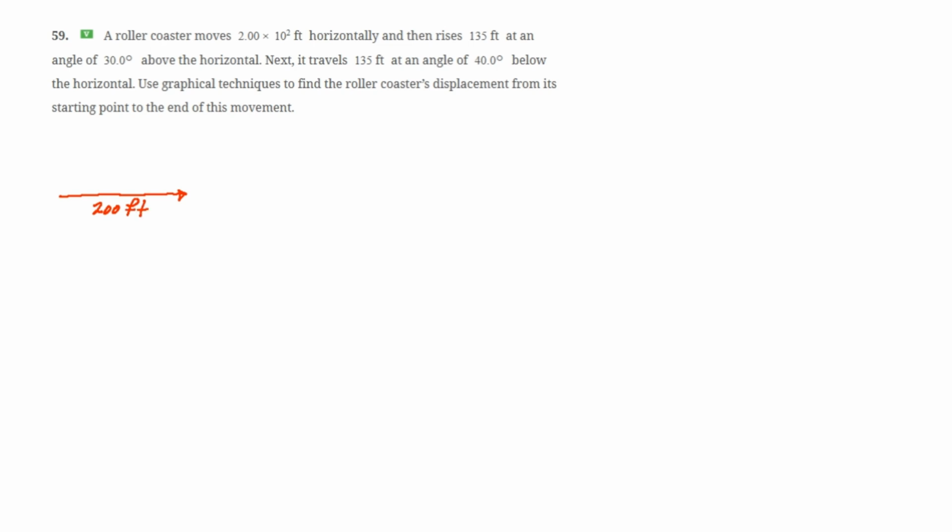Horizontally, right? Now later, it will be moving 135 feet at an angle of 30 degrees above the horizontal. So if I extend this line that is the horizontal, now I have a vector of 135 feet like this. There is an angle of 30 degrees above the horizontal.